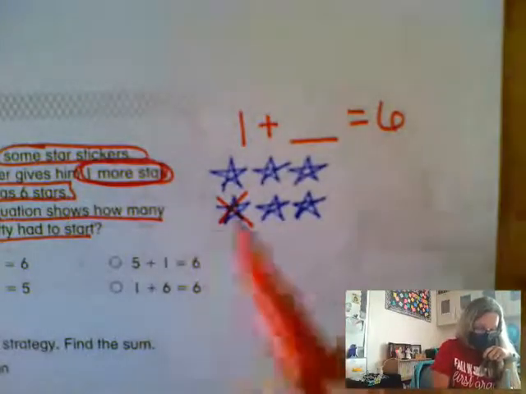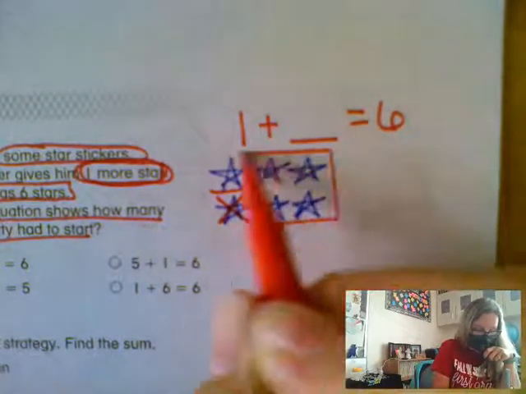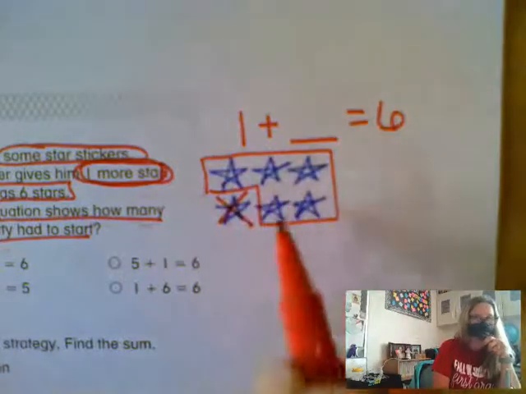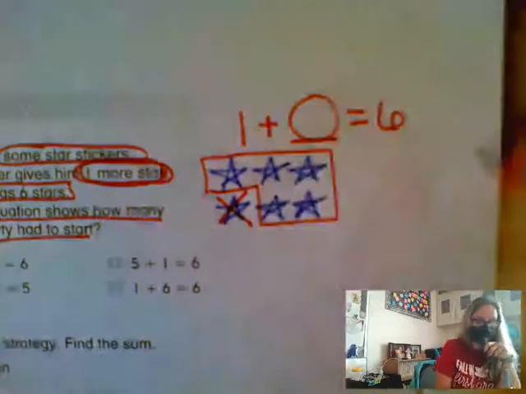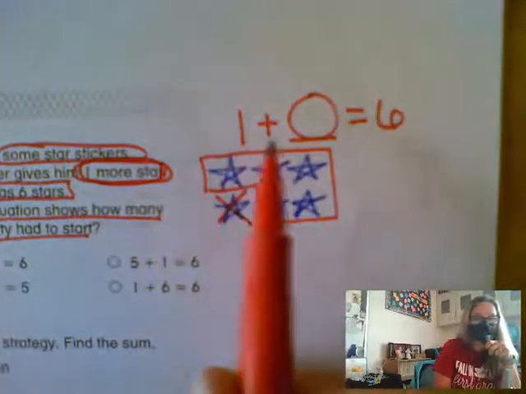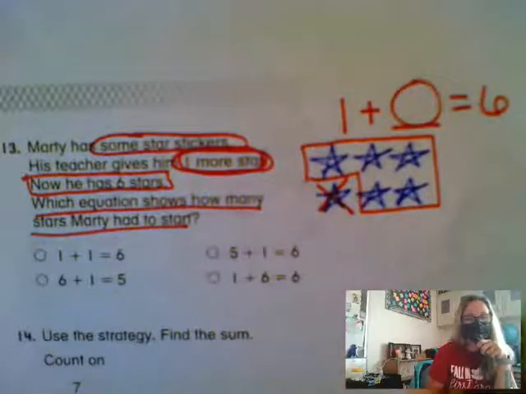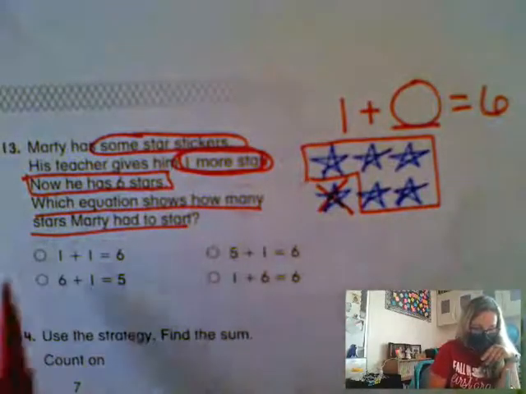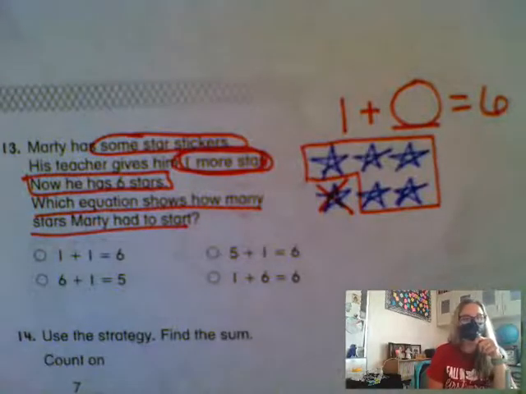So if we take away this 1 that his teacher gave him, how many stickers did he start with? That number goes here. And once you figure out 1 plus what number equals 6, you will be able to figure out which of these equations has the 2 parts and the whole.